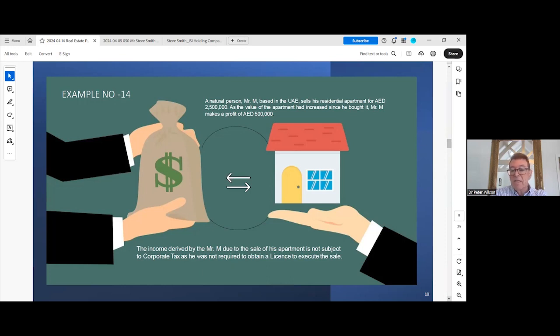But the real test here is not really whether he has a license to execute the sale, but whether what he conducted is a real estate investment activity and whether it's not a business or a business activity. So one apartment making a profit can't possibly be a business or a business activity by itself, unless the gentleman had many more apartments than this one apartment.